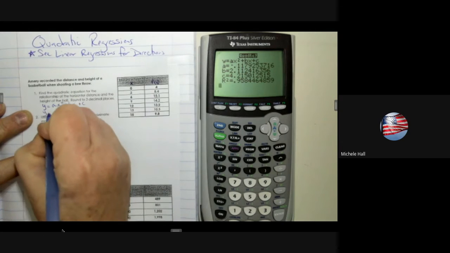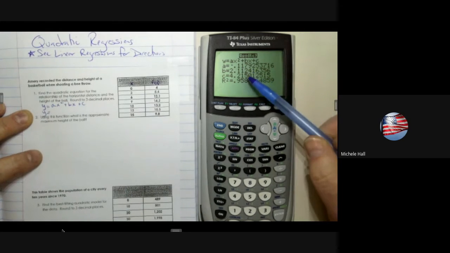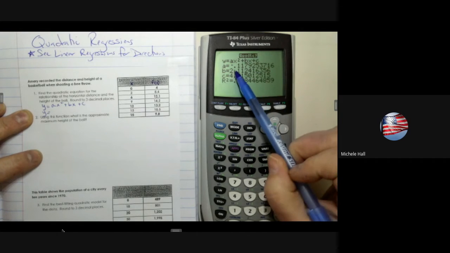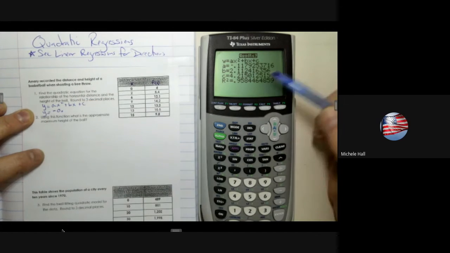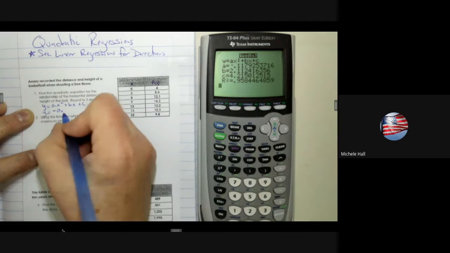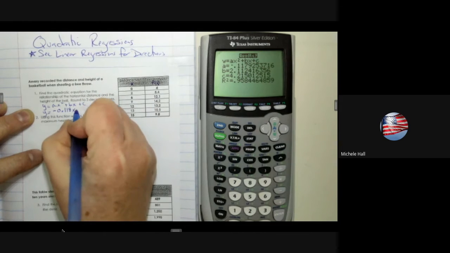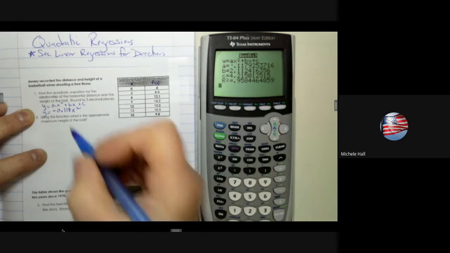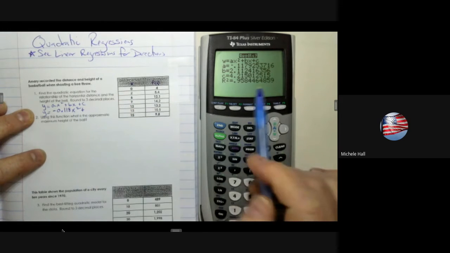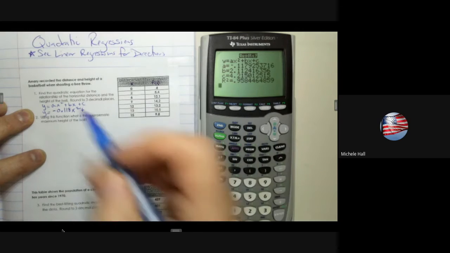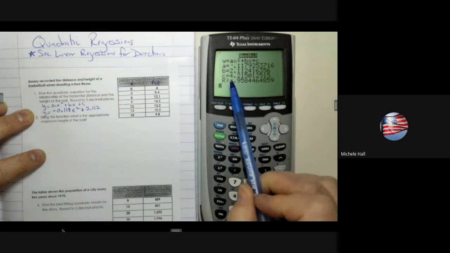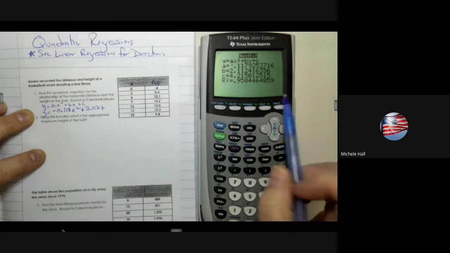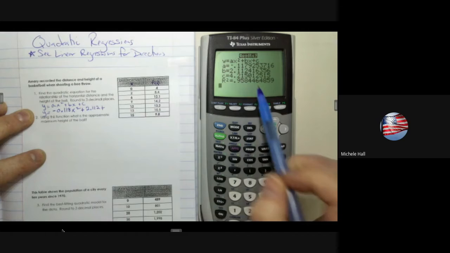Y equals, a is, around 3 decimal places, negative 0.118 x squared. B is positive, so plus 2.112. And C is positive, so plus 4.215.